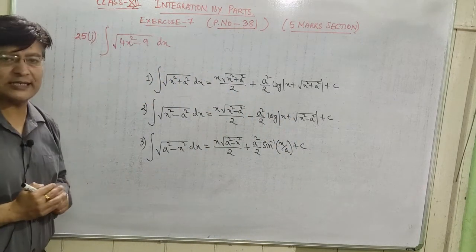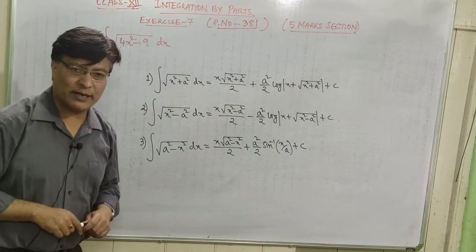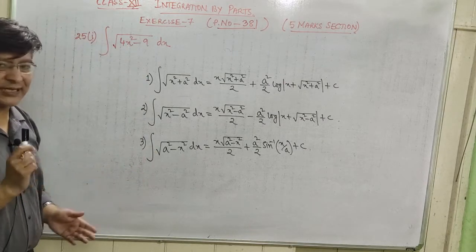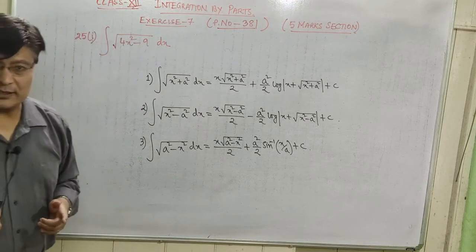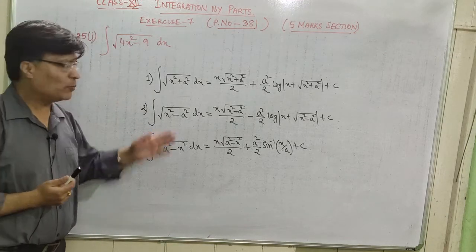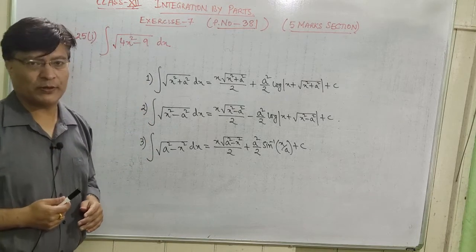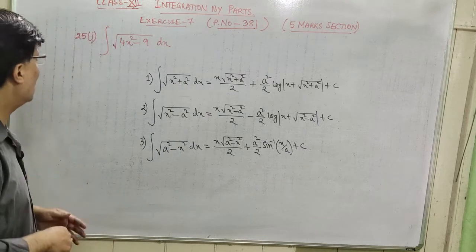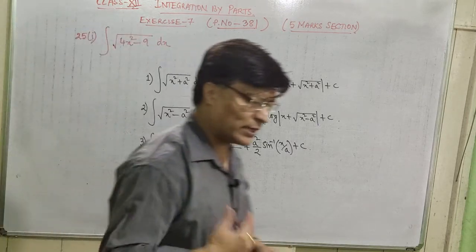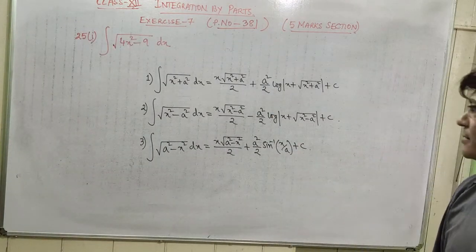So this is the third standard integral in integration by parts. These are the 3 standard integrals you should know. We have already done them, and we have done their proof also. So if you don't remember, you can copy them. Now we'll do question number 1. So you can copy these 3 standard integrals.